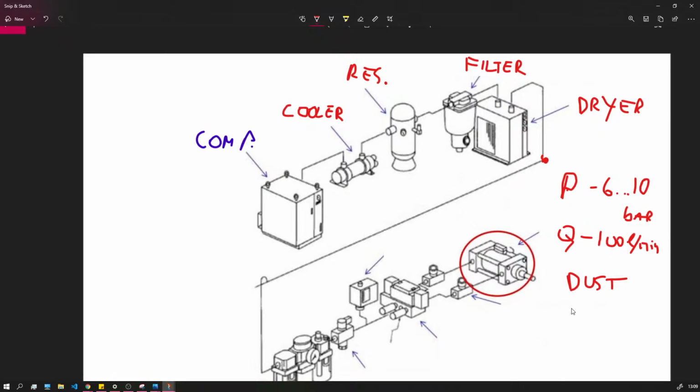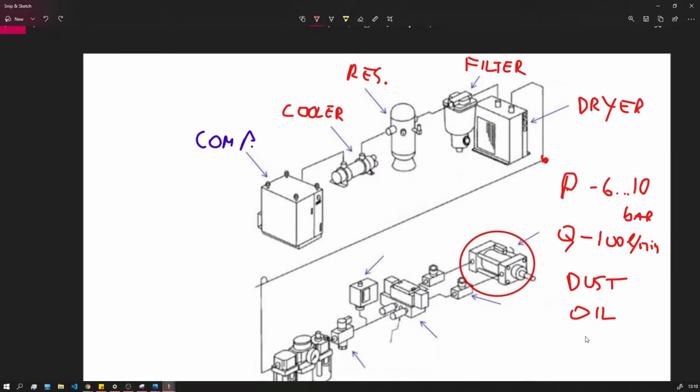One figure is oil, because compressors use oil. For example, if we use a piston compressor, it uses oil, and that oil gets into the system. So the amount of oil is a critical value in some cases, and we must get rid of some of the oil from the system.